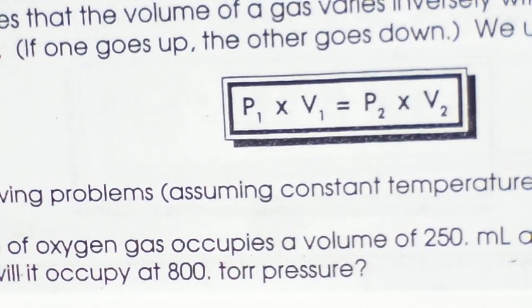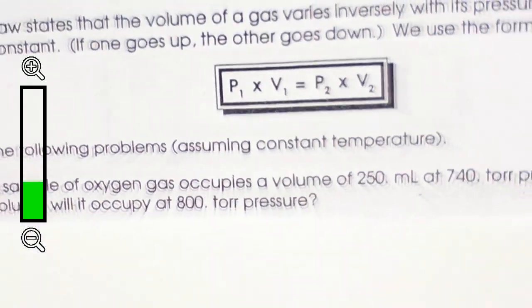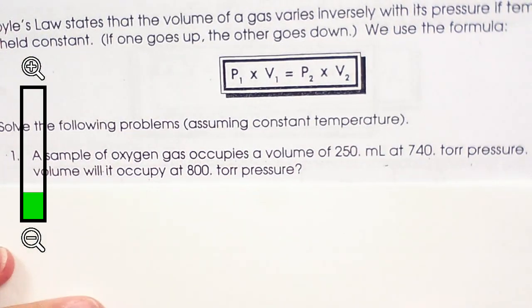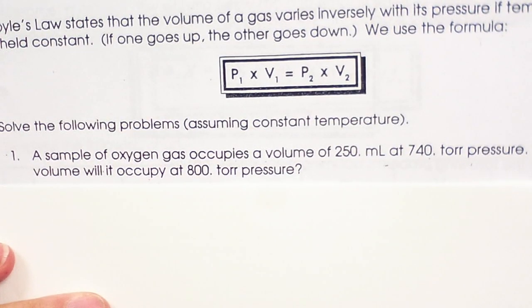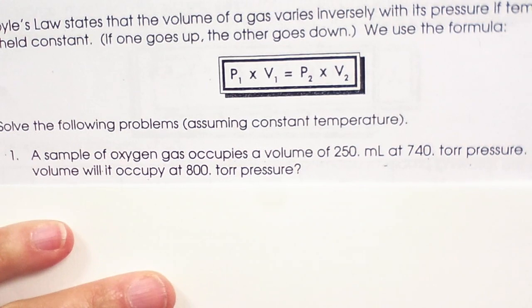A big part of this is lining up your ones and your twos, like your P1 V1s and then your P2 V2s. At the top of the page is the formula. On the top of all 3 pages are the formulas, okay?